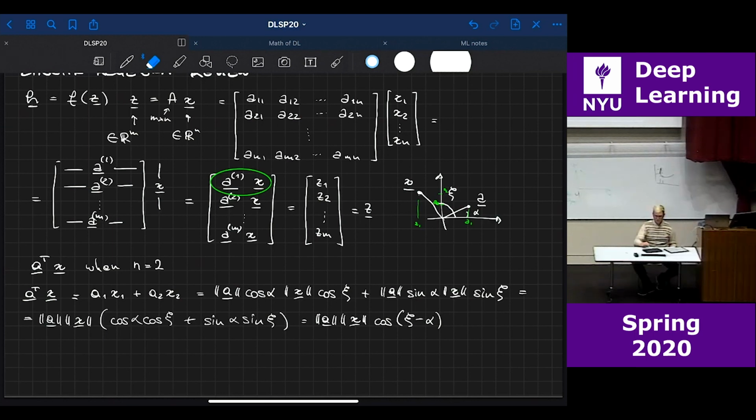So each element of this product is going to tell you the alignment of the input with respect to the specific row of the matrix, okay? Yes? No? This should shed some more intuition on what we are doing with these linear transformations.